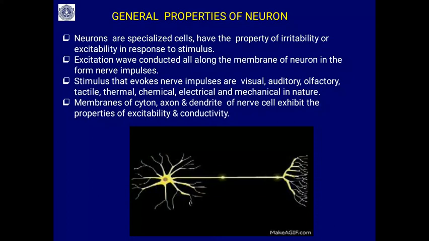This is called conduction. The stimuli that evoke nerve impulses are visual, auditory, olfactory, tactile, thermal, chemical, electrical and mechanical in nature. This is how we perceive the environment. For example, if the temperature increases in the surroundings, immediately the thermoreceptors on our skin sense it and send impulses to the brain, and thermoregulation occurs.